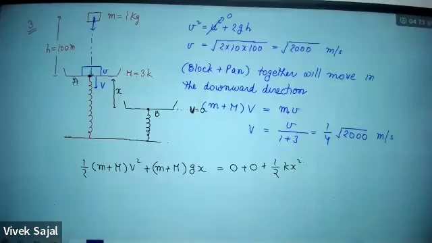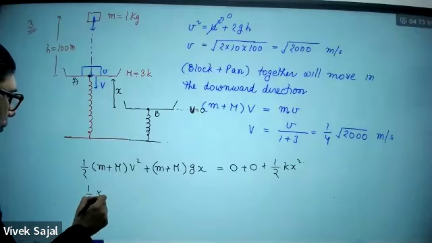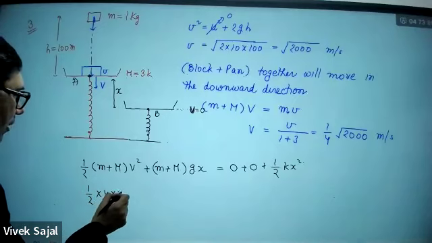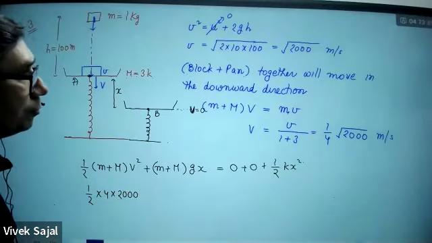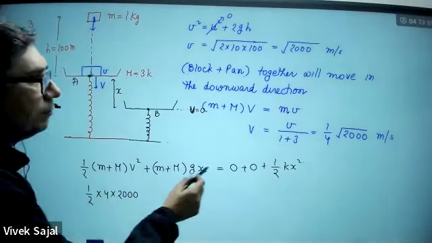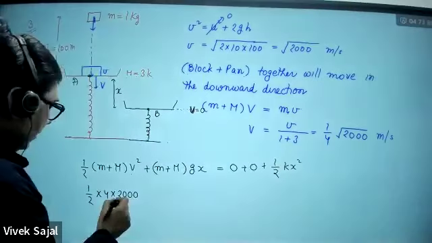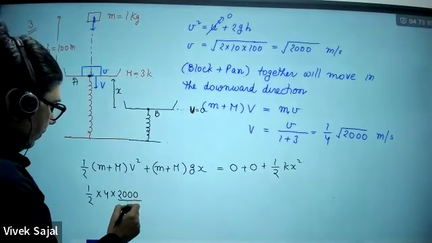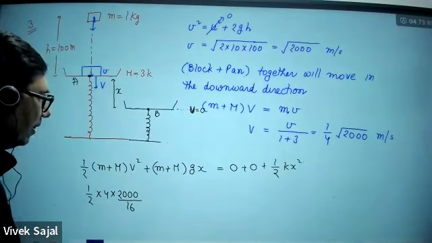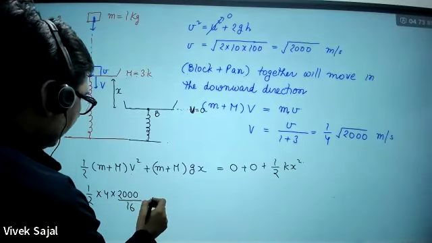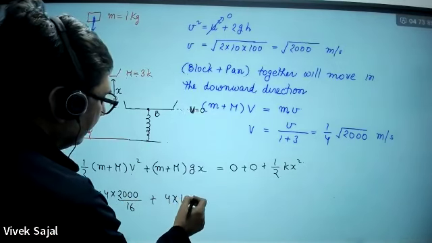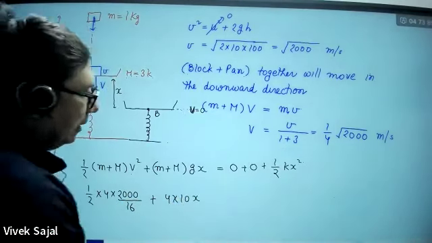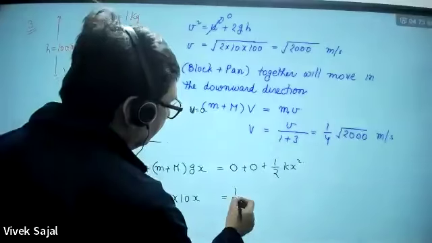Now substitute all these values. This will be 1 by 2 into 4 into v square, 2000 upon 16, plus 4 into 10 into x, equals 1 by 2 into k.